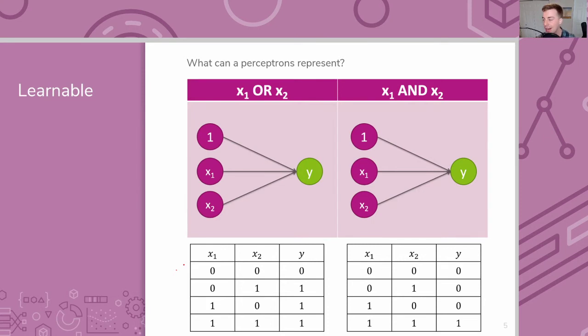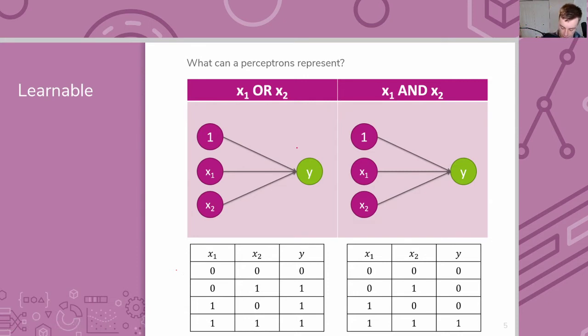If x1 and x2 are both 0, usually we mean 0 is false, then y should be 0, because false or false is false. If x1 is 0 (false) and x2 is 1 (true), false or true is true, so the output should be 1. Similarly, if we had true or false, the output should be true, and if we had true or true, the output should be true.